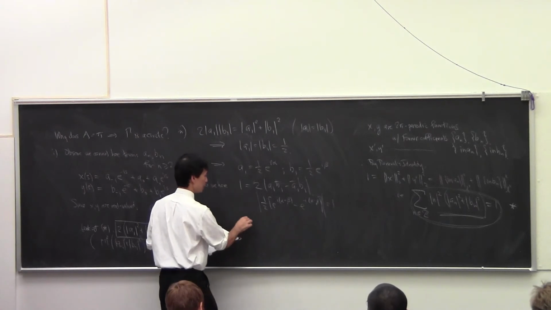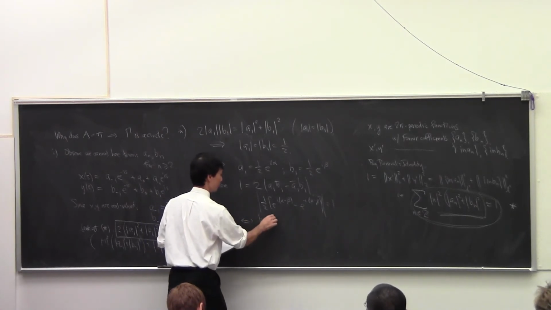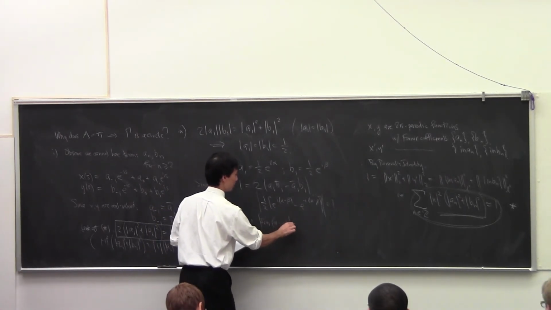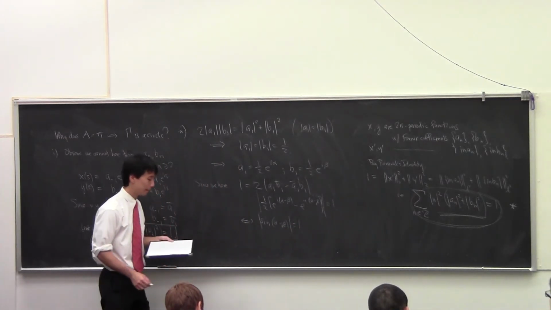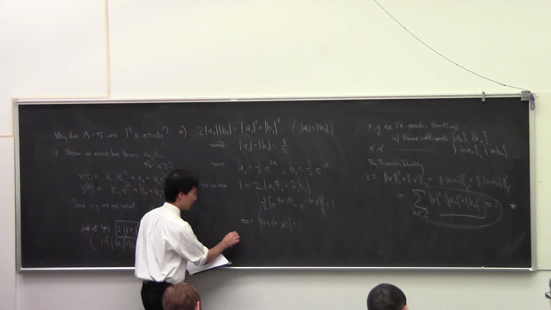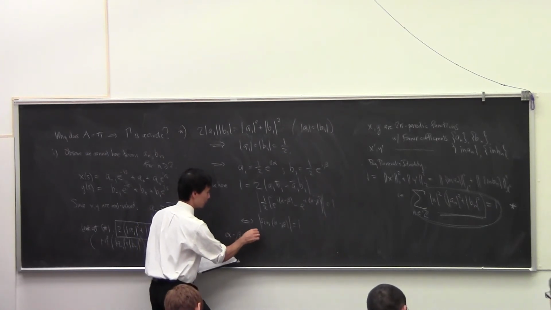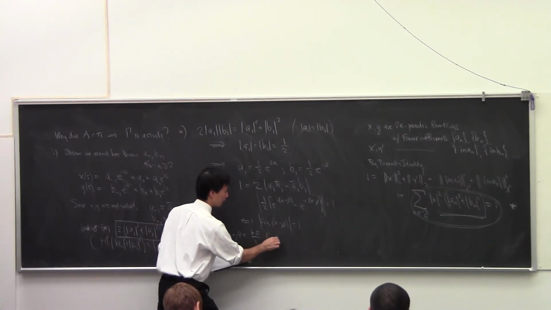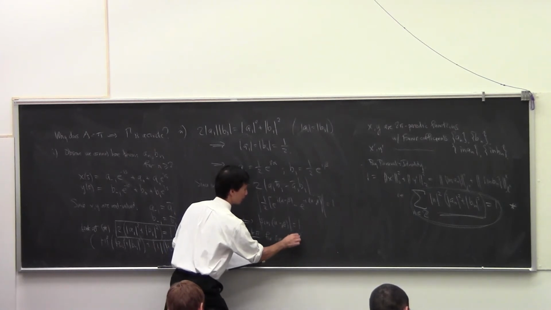And so that's the same thing as saying that the absolute value of the sine of alpha minus beta is 1. So, blah, blah, blah, alpha minus beta must be k pi over 2 for some k.